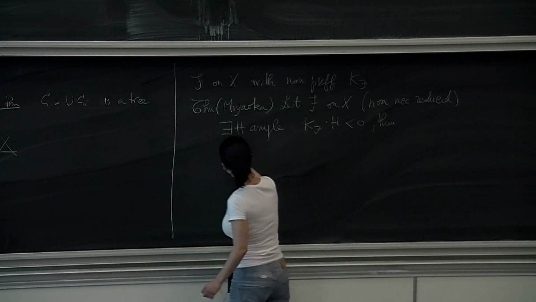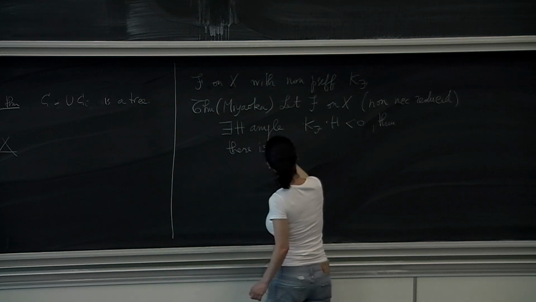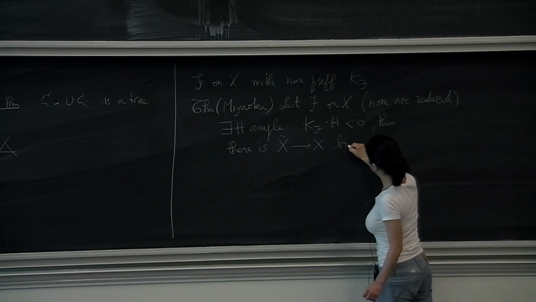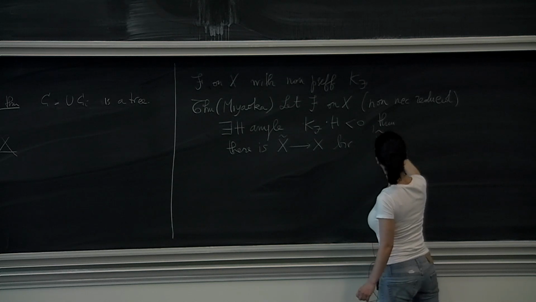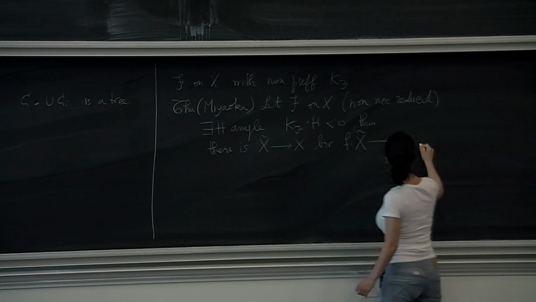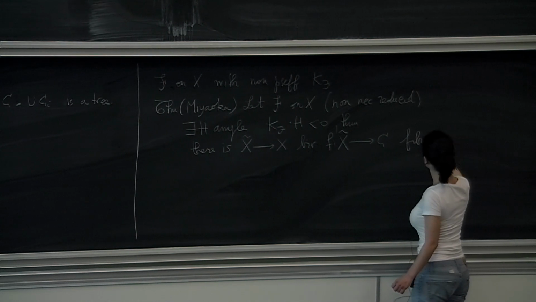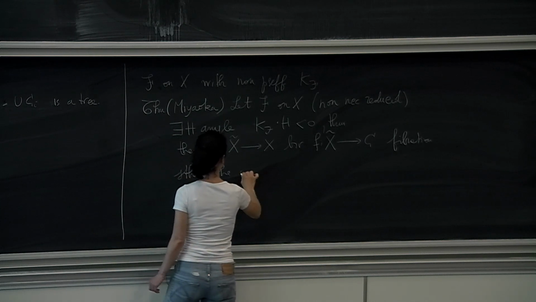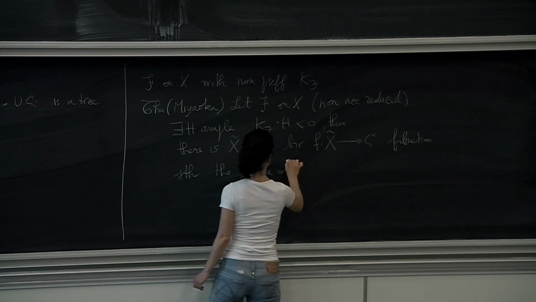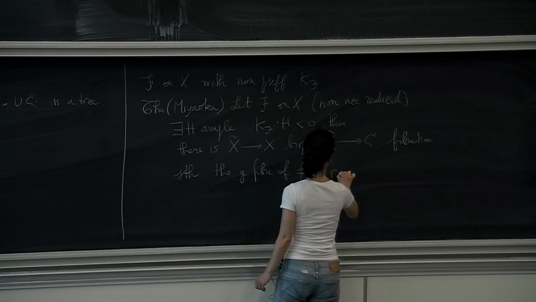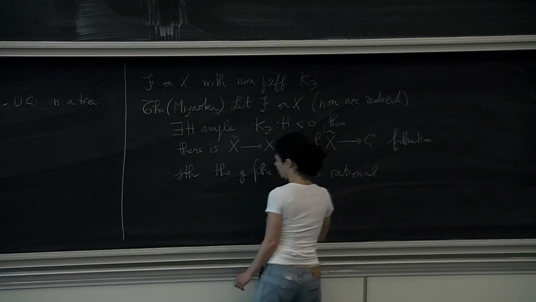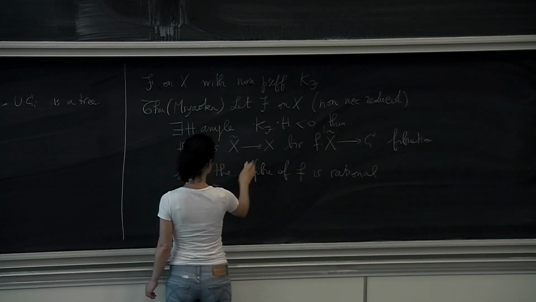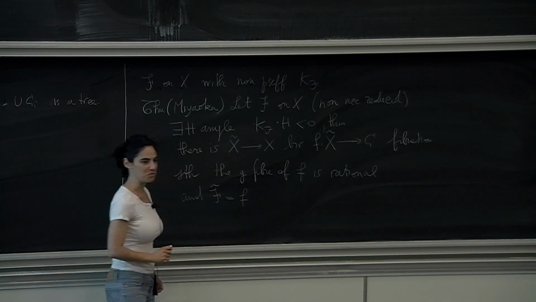So we can find a birational map and a fibration such that the general fiber of f is rational, and F tilde, the foliation induced on X tilde by f, is F, so the fibration.